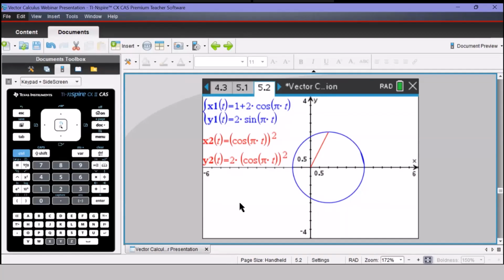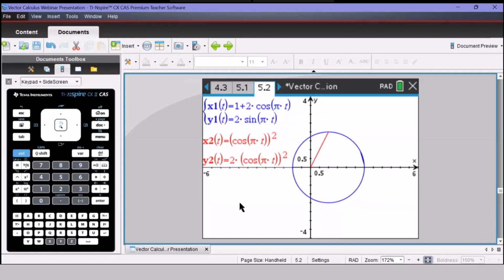And we've graphed the parametric equations x2 of t and y2 of t. It's nicely color-coded. And I've also used zoom square here again.